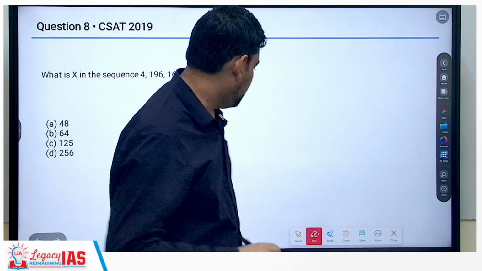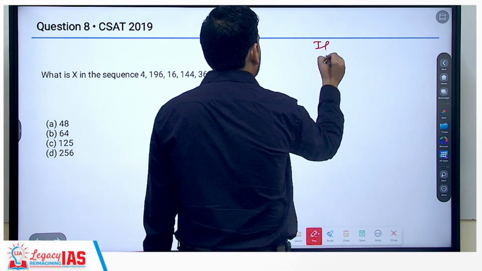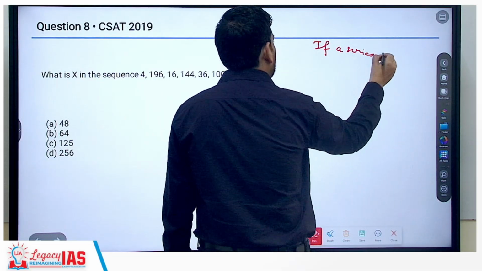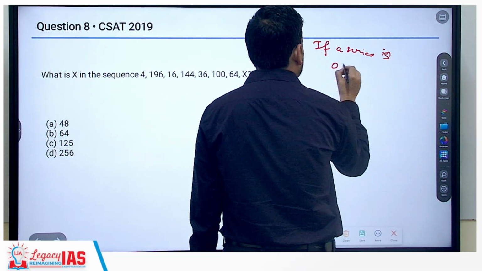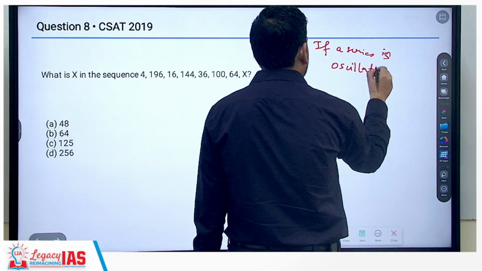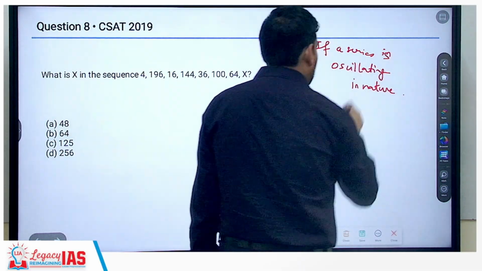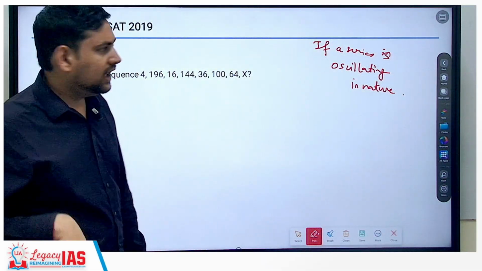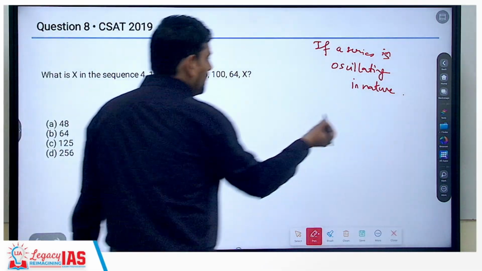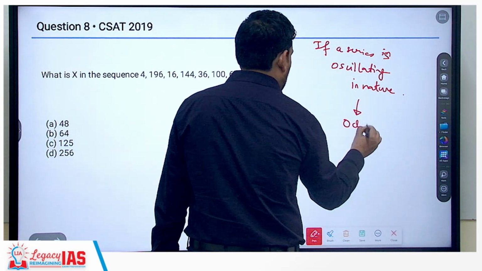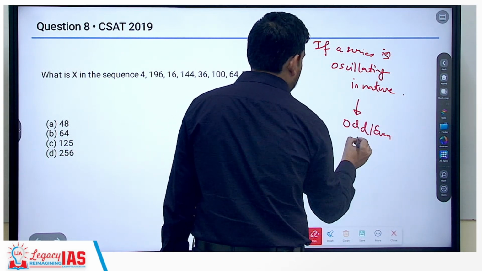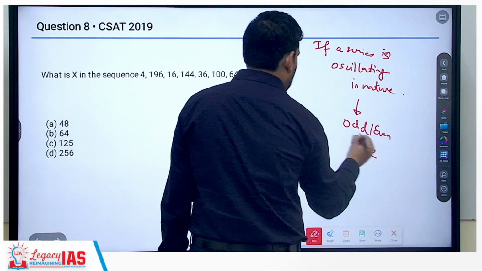But if a series is sort of oscillating in nature, not a very correct term as per physics, but sort of oscillating, then you need to think in terms of odd and even series. How does this work?